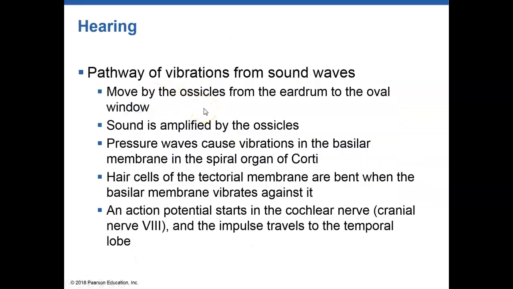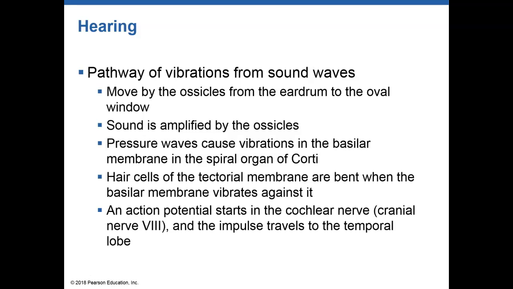So the pathway: vibrations move from the tympanic membrane through each of the ossicles, the malleus, the incus, and the stapes, and then that amplifies the vibrations. Those vibrations then move into the inner ear through the oval window, and this produces pressure within the basilar membrane of the cochlea.